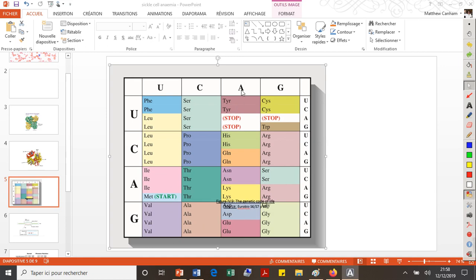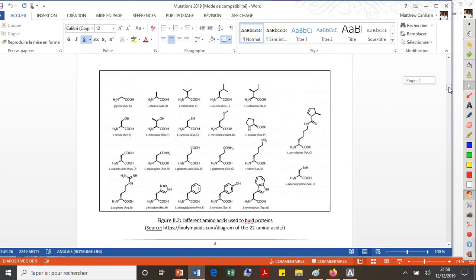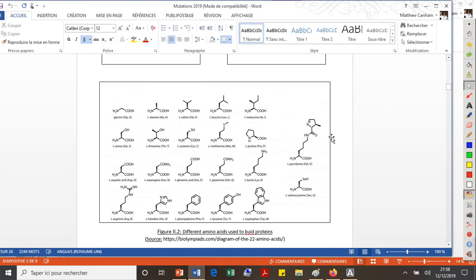G A G. This is glue. If I have a look at this document, glue, GLU, is, where is it? There we are, glue. Glutamic acid, this is one type of amino acid.